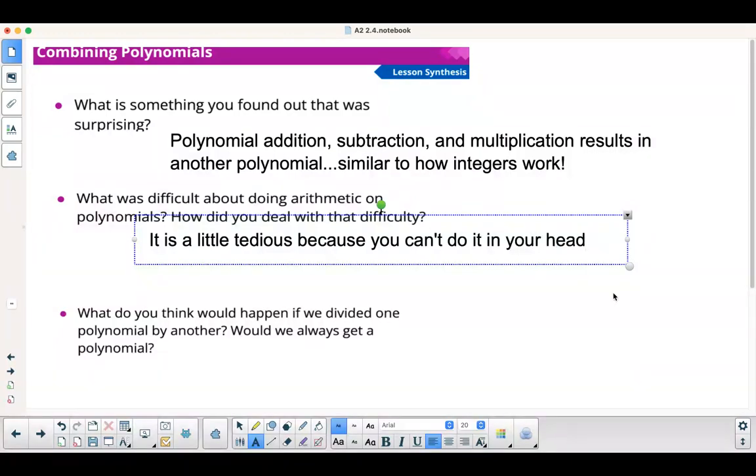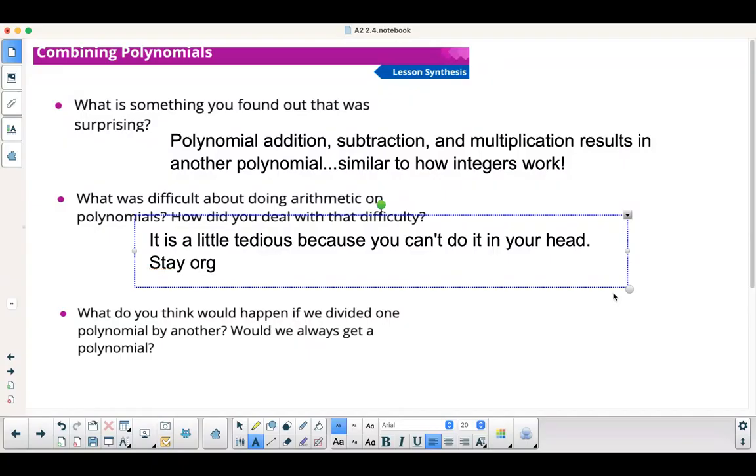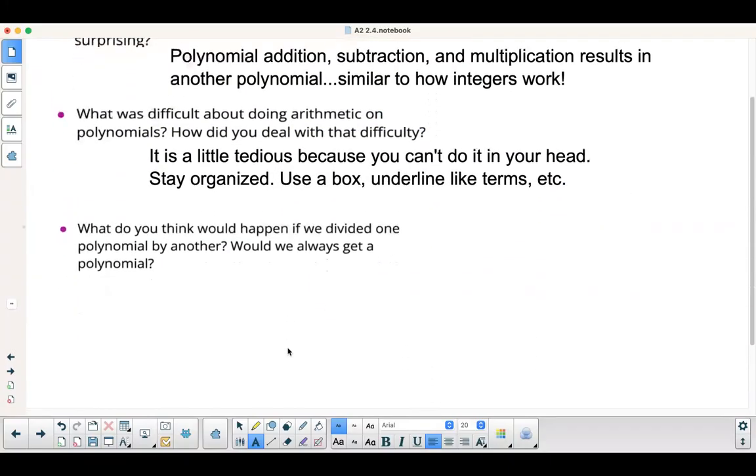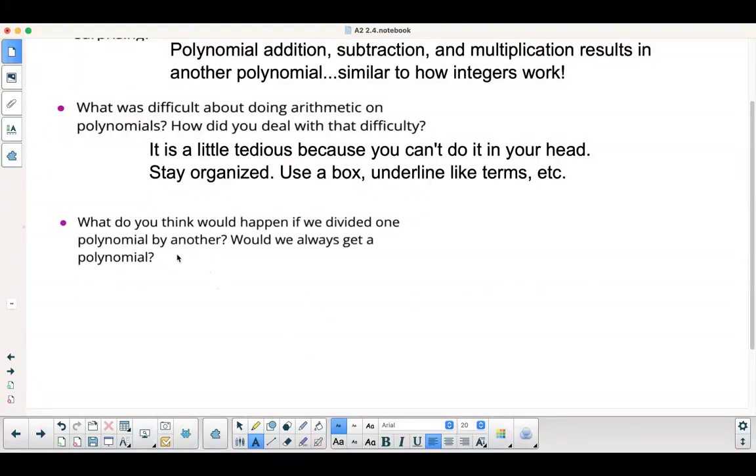You need scrap paper, you need to make a box, you need to stay organized. I would suggest stay organized. Use a box, underline like terms, etc.